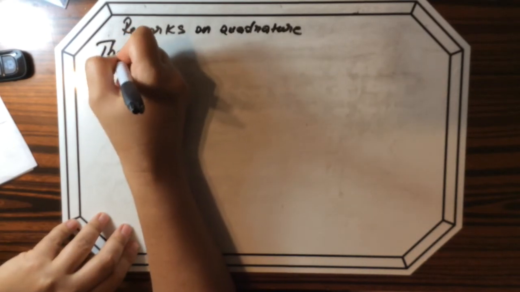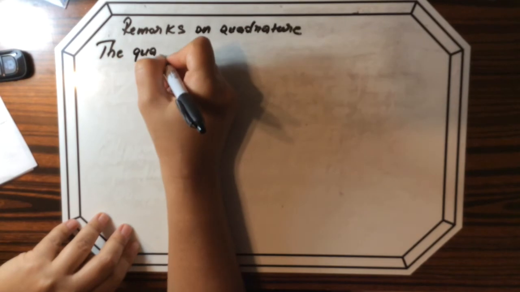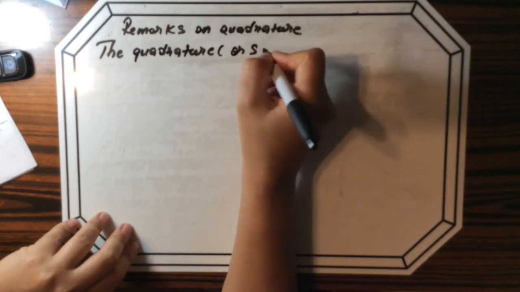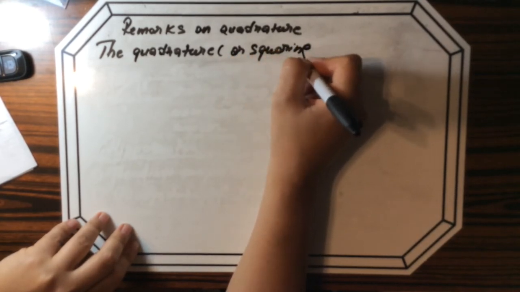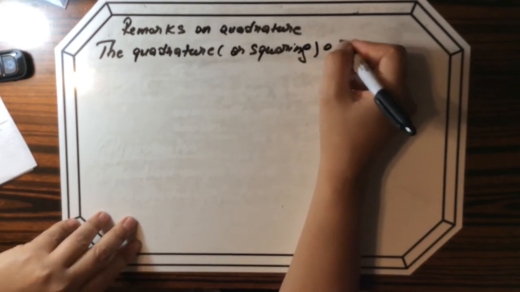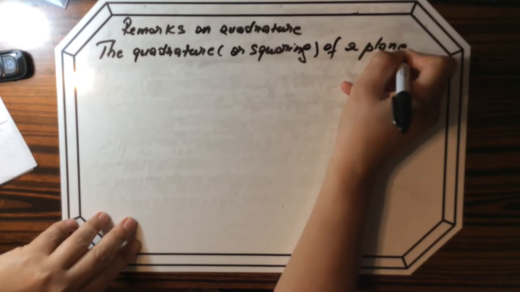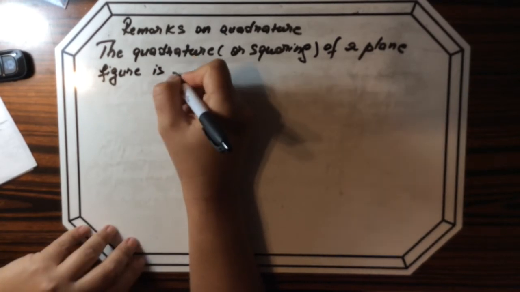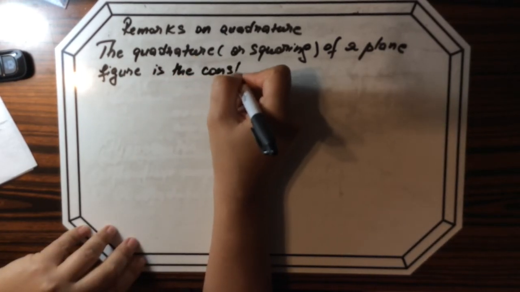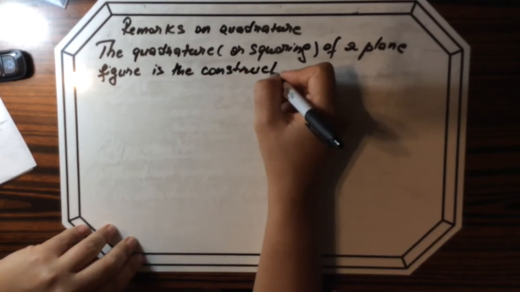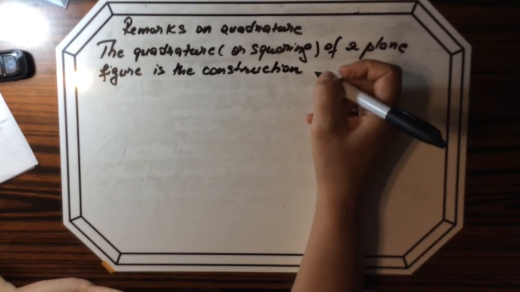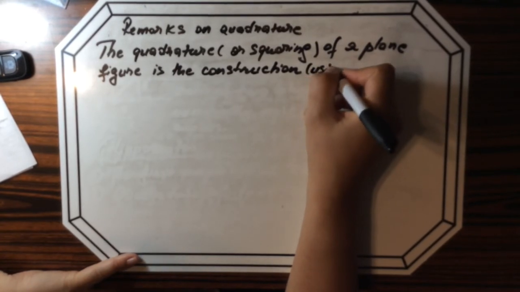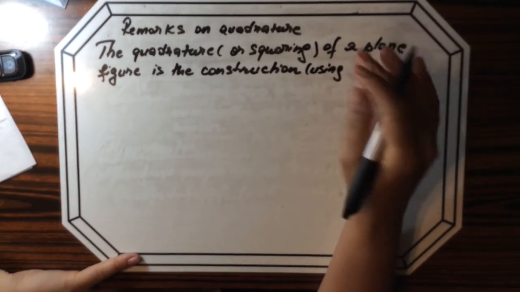The quadrature, or squaring, of a plane figure is the construction using only compass and ruler with no markings on it, and that's important, at least for the next few chapters.